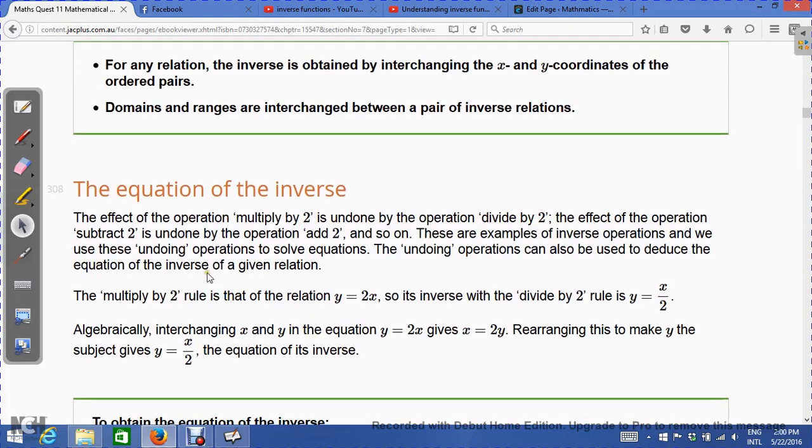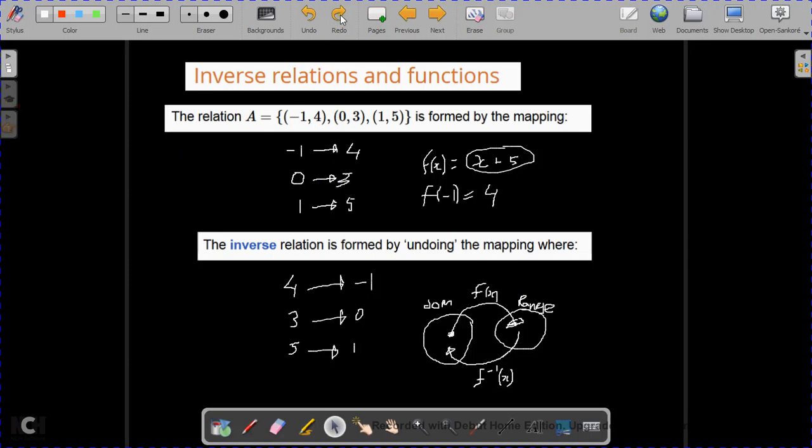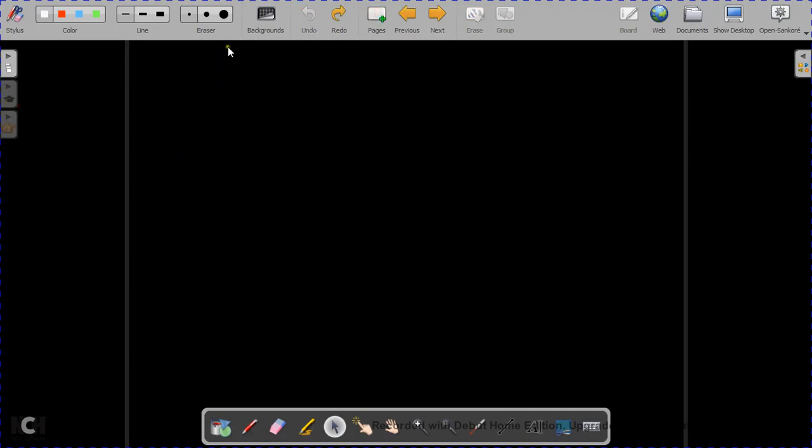Now, the equation of an inverse. Consider the effect of the operation multiplied by 2. Let's say we have 2x equals 4 and we're solving for x. What we're doing is the inverse operation.